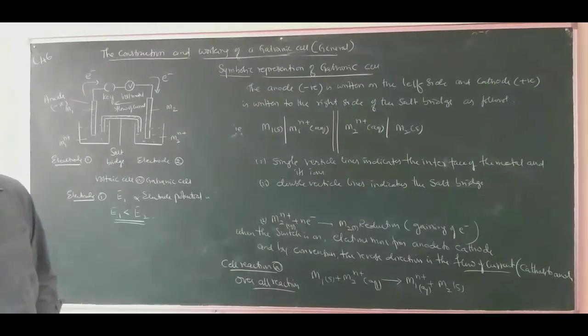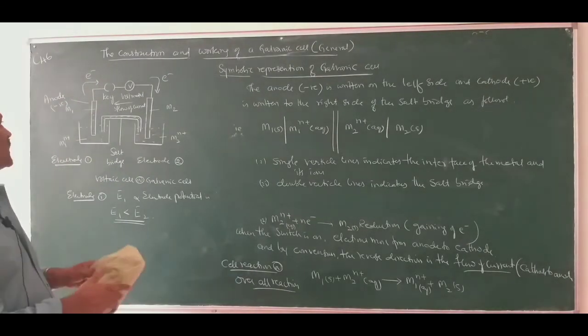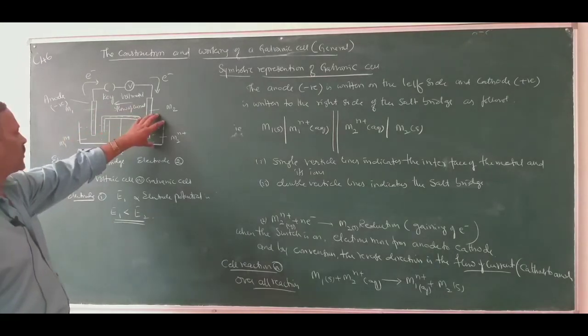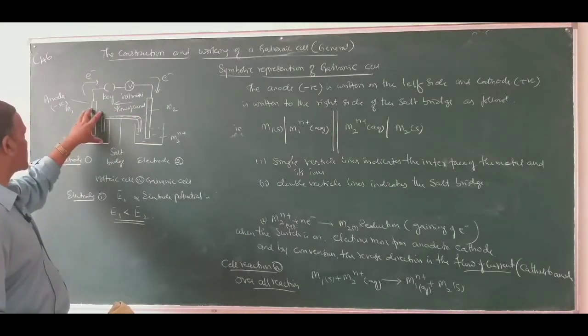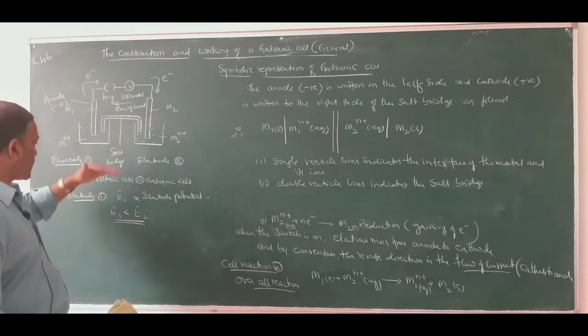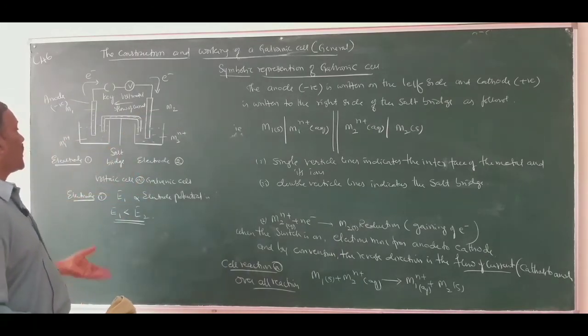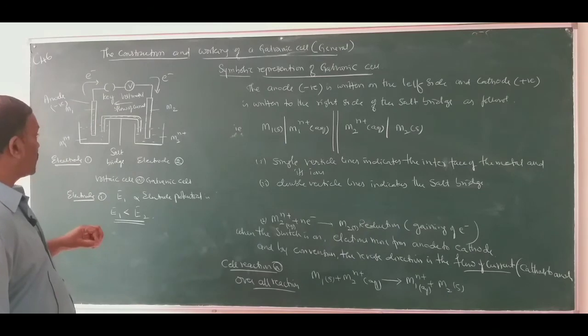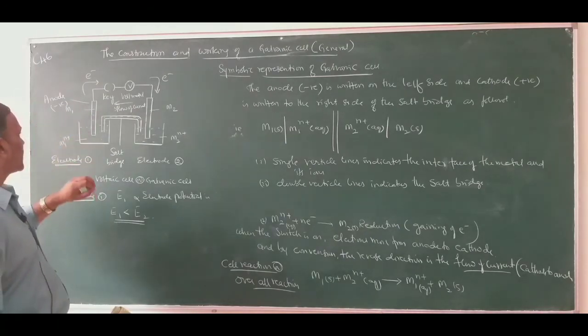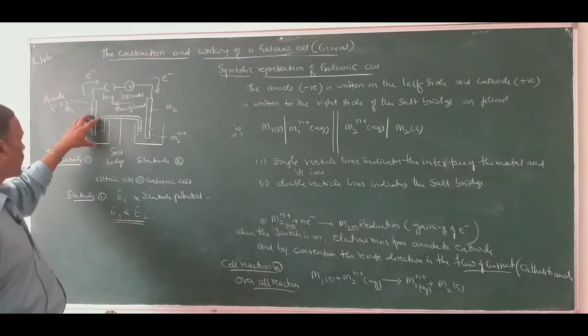So we have to write the figure. Anode should be written to the left side, cathode to the right side. At anode, oxidation takes place; at cathode, reduction takes place. Which electrode is to be written to the left side? The electrode whose electrode potential is less is made the anode, where oxidation takes place.